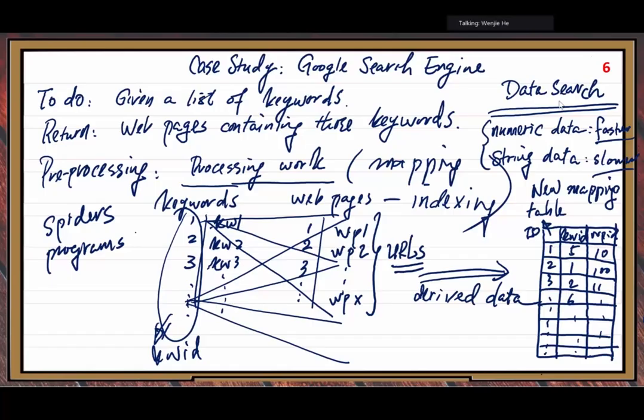But your processing result, this derived data: without this pre-processing, you cannot get very fast response time. Now, let's look at why we as users can enjoy very fast performance.